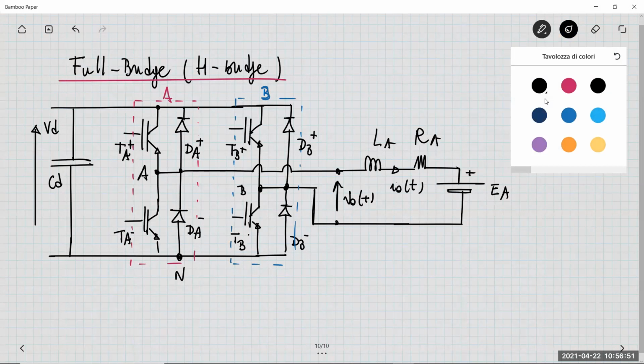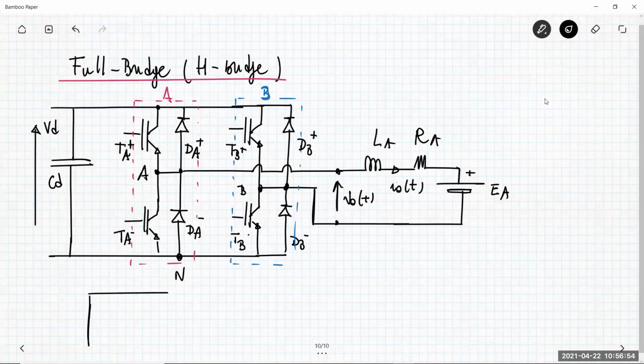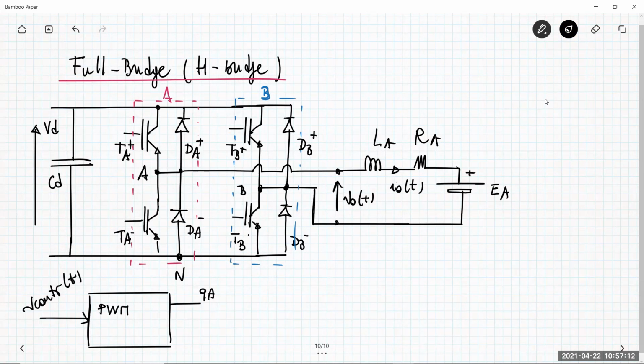Of course, we need also a modulator. The input is a generic control voltage, just one. And then I generate two unitary switching functions, QA and QB, from which I can have also QA minus and QB minus.